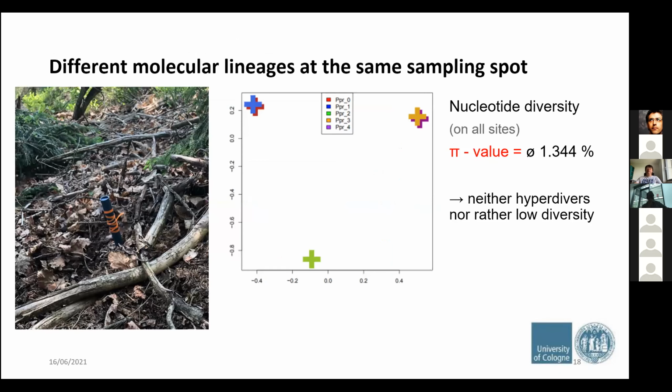The five individuals we got from the same sampling spot were divided into three lines, and we also calculated the nucleotide diversity on all sites. Here the pi is about 1.344%. It's not high and not low, so it's okay.